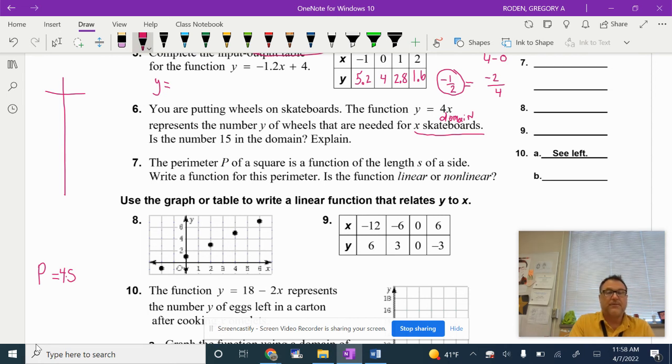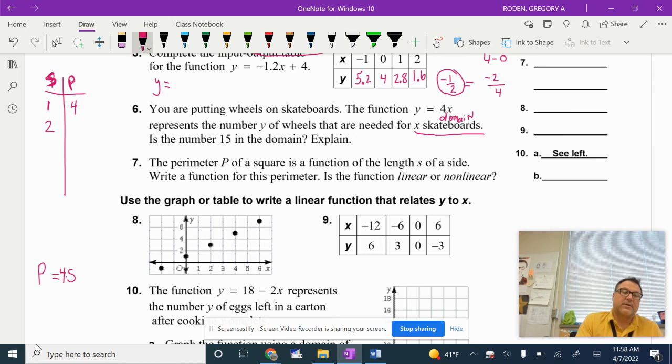P equals 4 times the length of the side, because the length of our side could be any value. So let's say this is the length of our side in our table, and this is our perimeter. If our side length is 1, then our perimeter would be 4 times 1, which is 4.